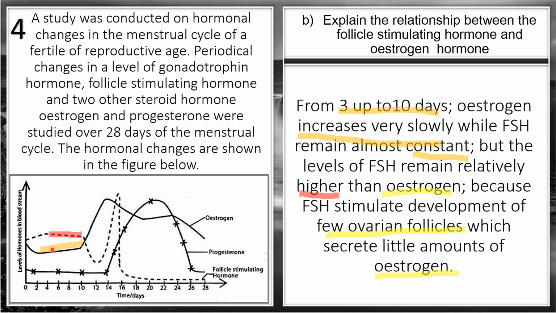So at this point where we have the high levels of follicle-stimulating hormone above estrogen, it is because the follicle-stimulating hormone has stimulated very few ovarian follicles, and those few ovarian follicles are secreting very little amount of estrogen. That's why the level of FSH is above that of estrogen.